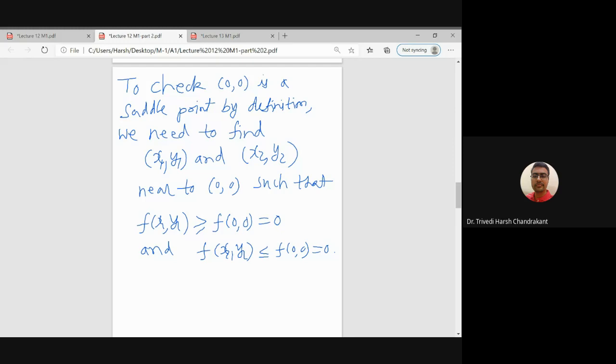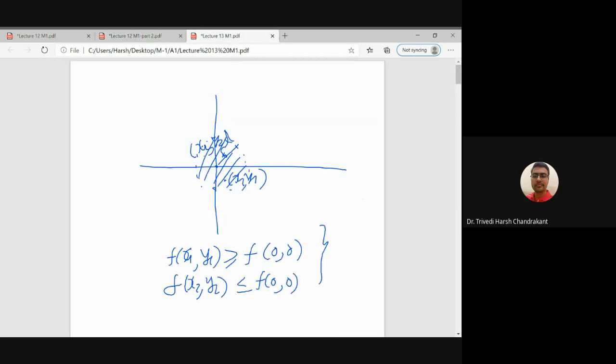And such points we should be able to find as close as we like to the origin. Then only the condition of the saddle point will be satisfied.